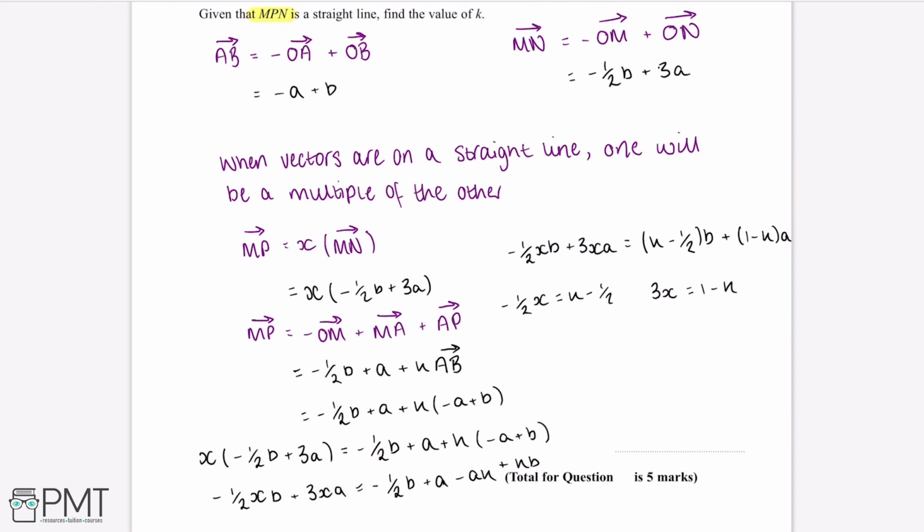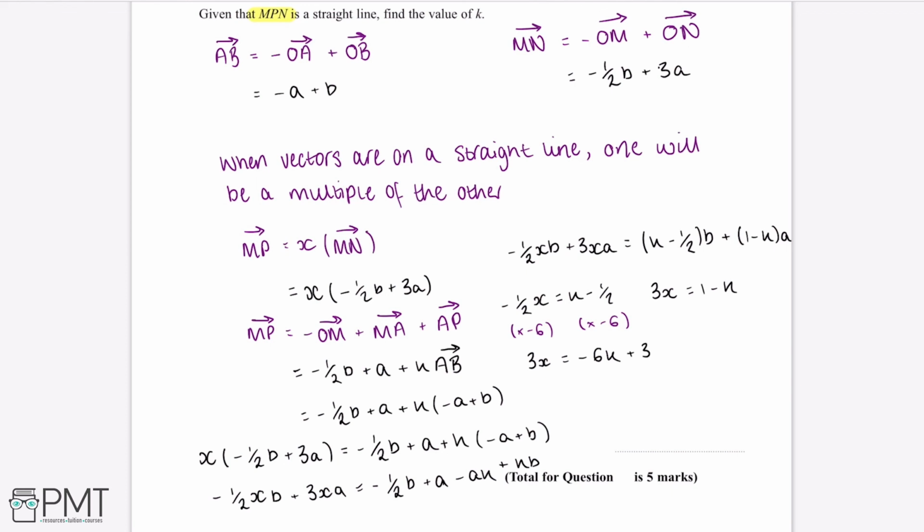Now in order to work out the value of k, we want the x term to be the same in both. So we can multiply both sides of the first equation by negative 6, and this gives us that 3x is equal to negative 6k plus 3.